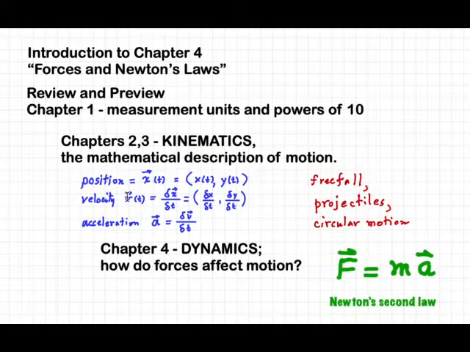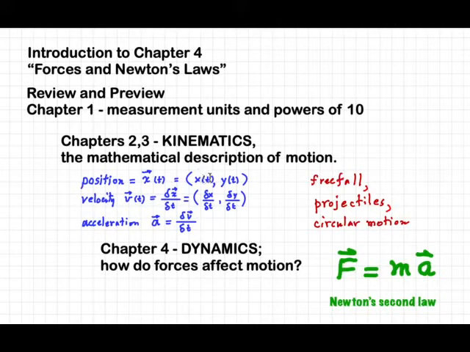Velocity is the rate of change of position. It's the change in x divided by the change in t. That's the average velocity over a time interval delta t. But if delta t is very small, then this ratio is the instantaneous velocity at the time t.